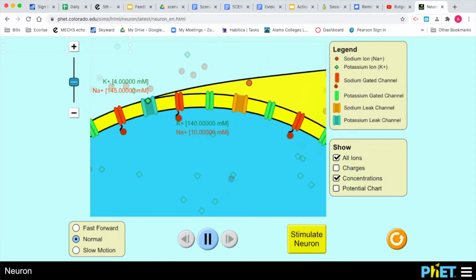So at rest, we have a concentration gradient. And so we have more sodium outside, and we have more potassium inside.